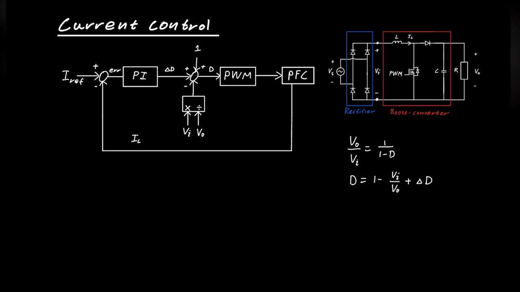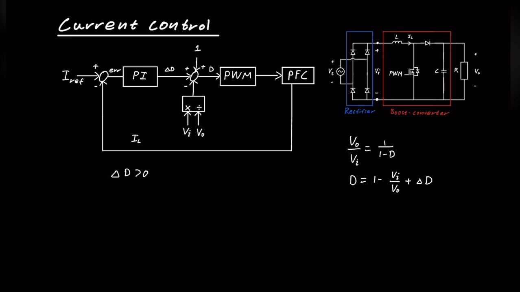Now, if we want to find the change of delta D, we need to look at what happens when, for example, the duty cycle increases. When the duty cycle is 0, there's no current going through the MOSFET, and the output voltage is larger than the input voltage, which means that the voltage over the inductor is negative, which means that the current is decreasing.